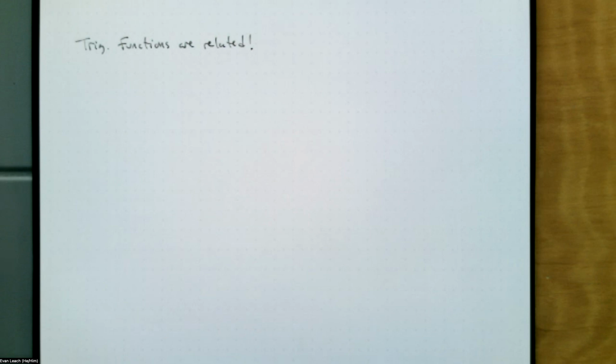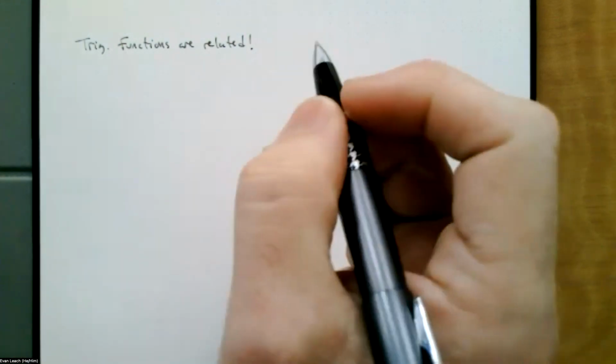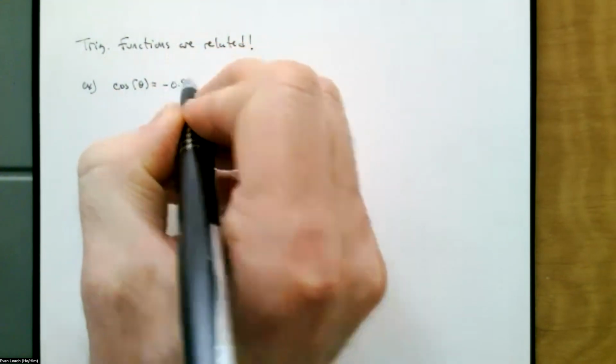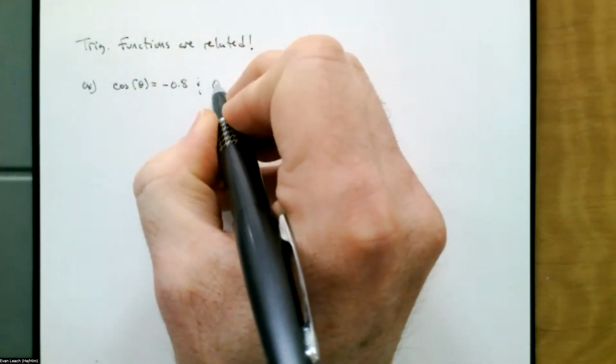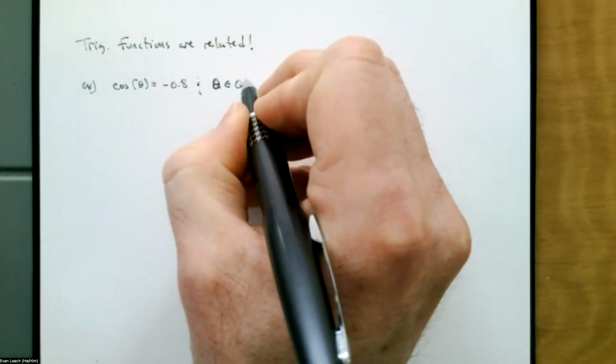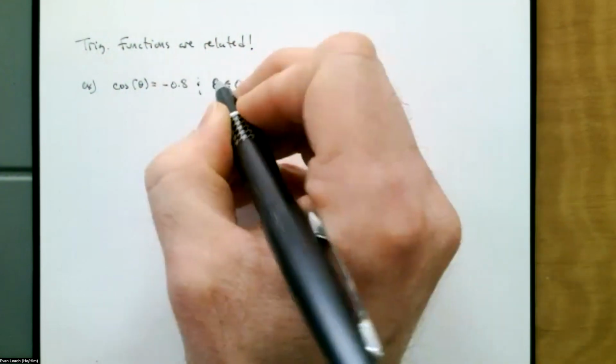That was the point. Trig functions are related. Let's think of an alternate way. So cosine of theta was negative 0.8, and theta is in quadrant 3. Look at us using our fancy notation already.